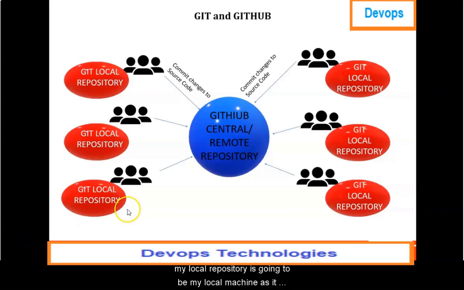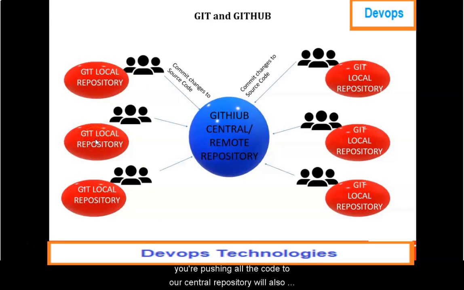My local repository is going to be on my local machine, where it resides as a .git folder, and it will be inside your project root. The .git folder contains all the templates, all the objects and every other configuration file when you create your local repository.